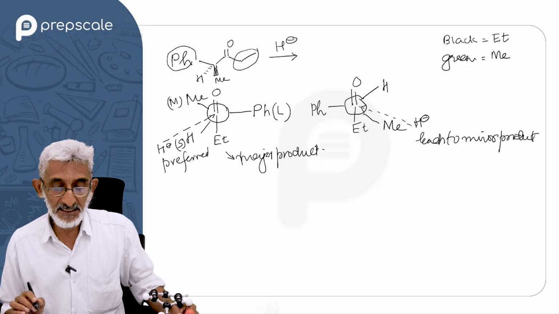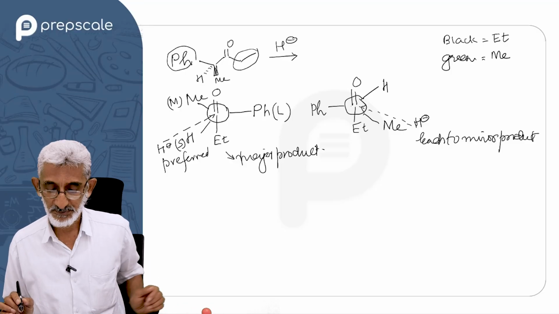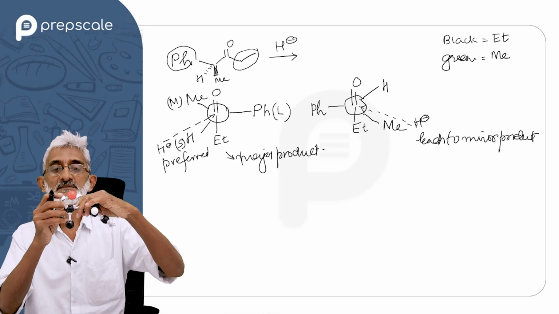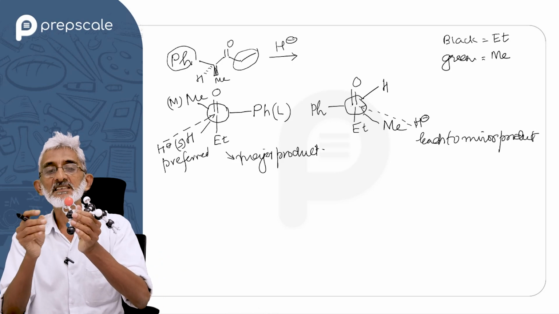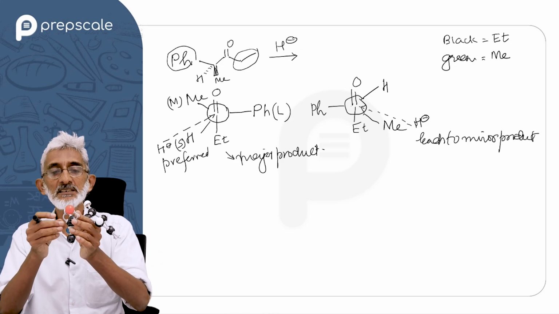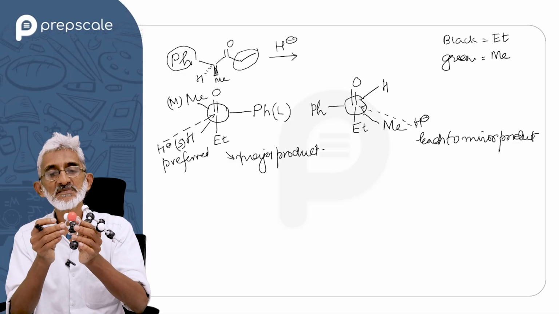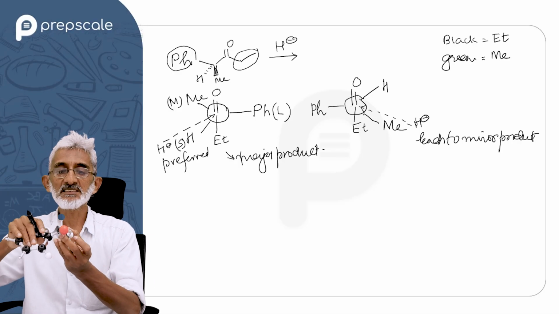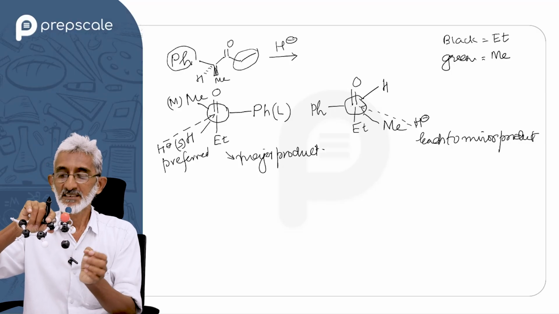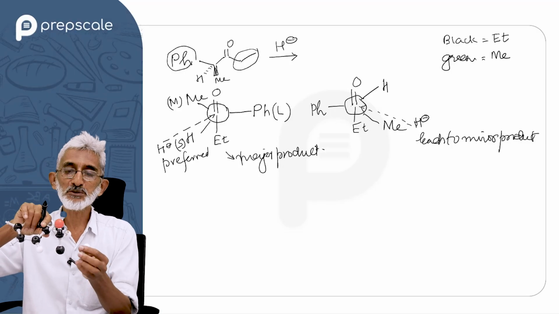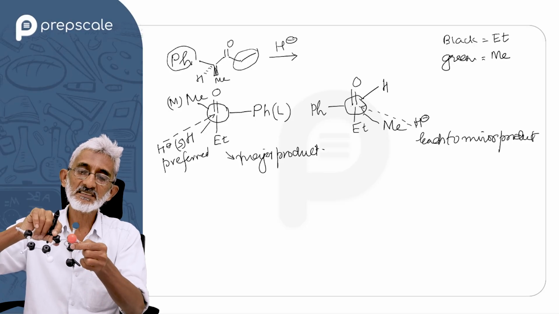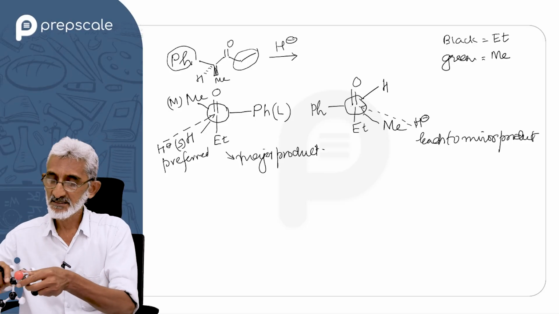Now here comes the real task, how to convert this into the product. Okay, let us see how we can draw it. And see here. Yeah, if it is attacking from this side, no, it has to attack from this side. Yeah, this is the way it has to attack, right? See here, this is going to attack here. That means this double bond will break.